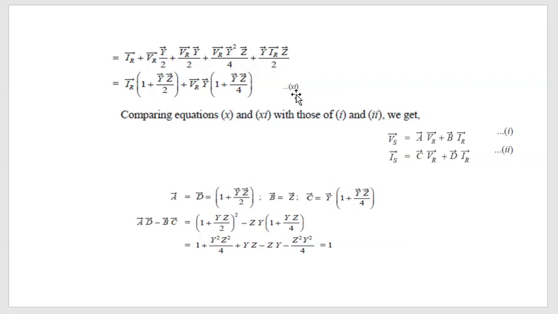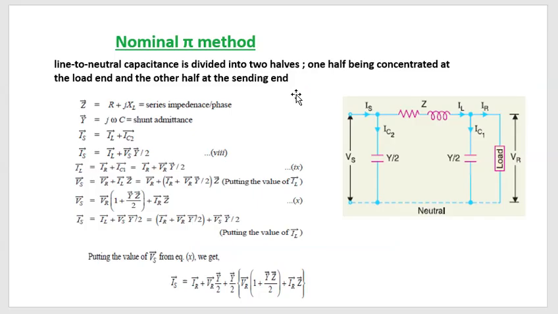Equation 11 is basically the expression for sending end current, while equation number 10 is the expression for the sending end voltage.